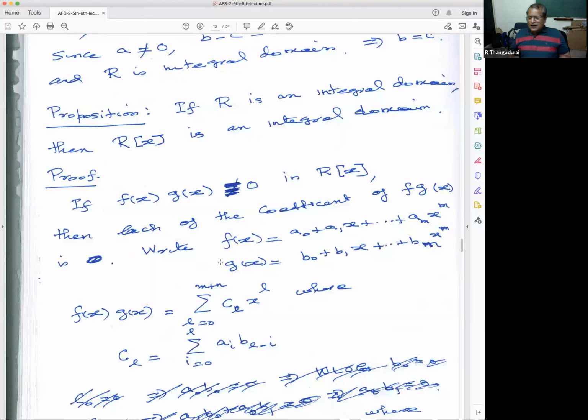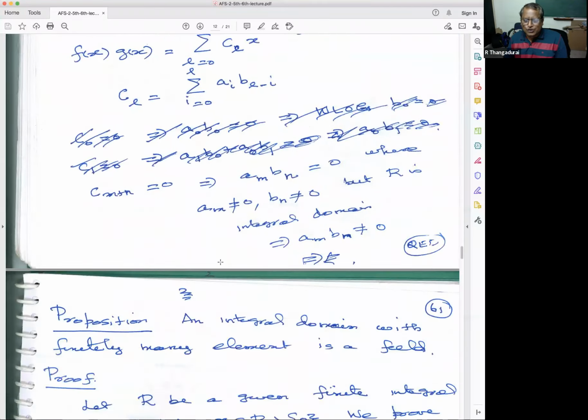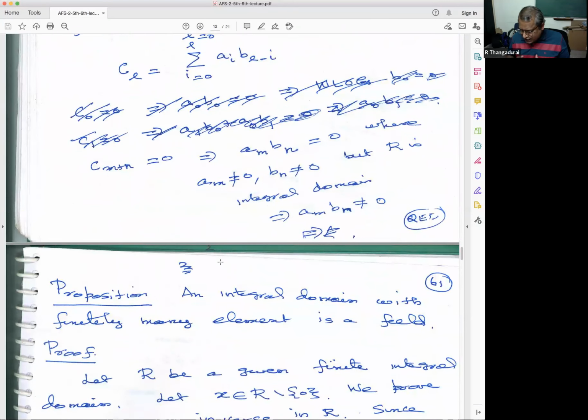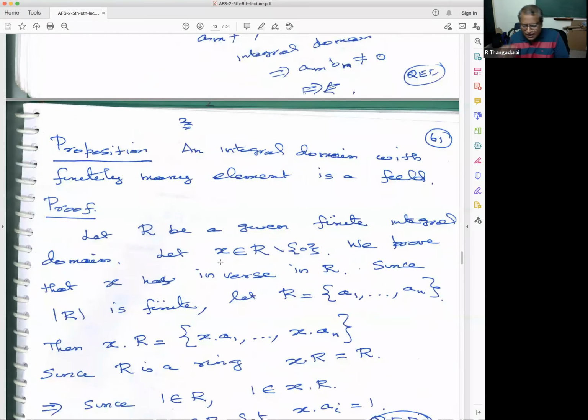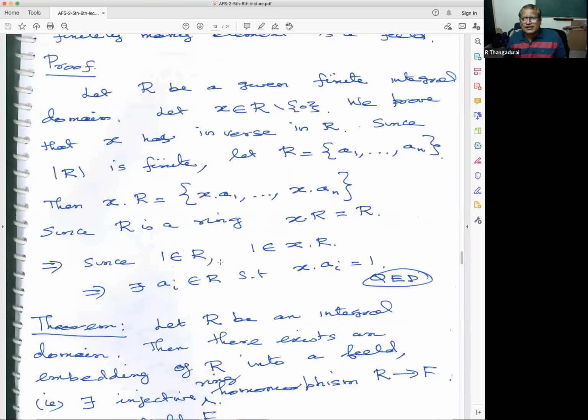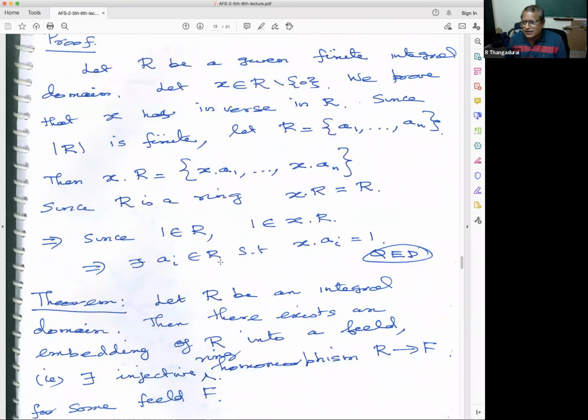It means we can really go from the integral domain R to a field. That is the process we defined. So given a ring R, if it is an integral domain, we can push this ring R into a field, the way Z is sitting inside Q. That's the lecture. I stop here.